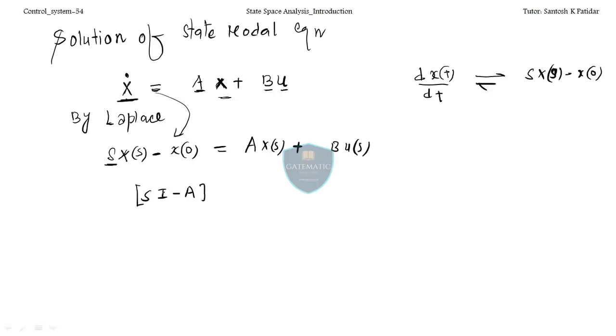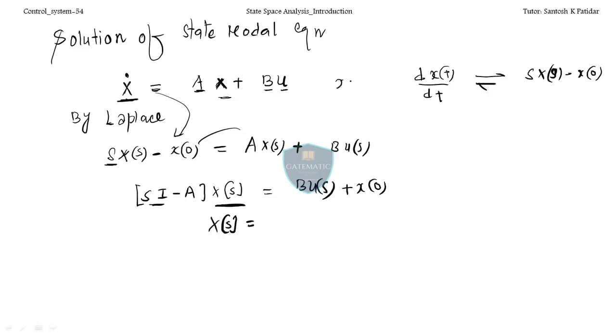This s is a scalar term, so you convert it into matrix form. So it will be sI minus A, a matrix of the same order as A, with X(s) outside. On this side you already have BU(s), and this term will come to this side, so it will be x(0). Now what is X(s)? I need the solution, meaning x(t).